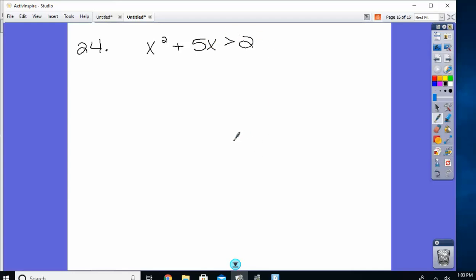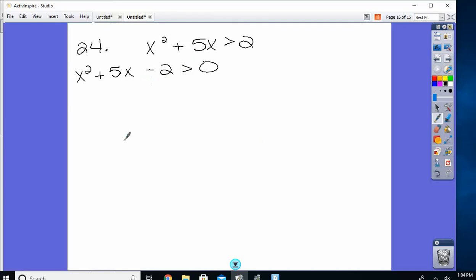Okay. It's quadratic, so first step. So you get x squared plus 5x minus 2 greater than 0. And then we do box method. Is there anything that multiplies to -2 and adds to +5?